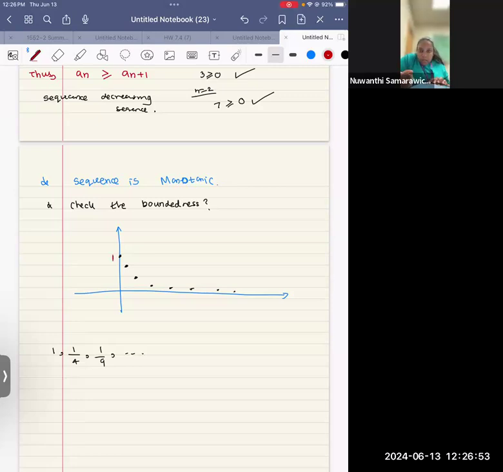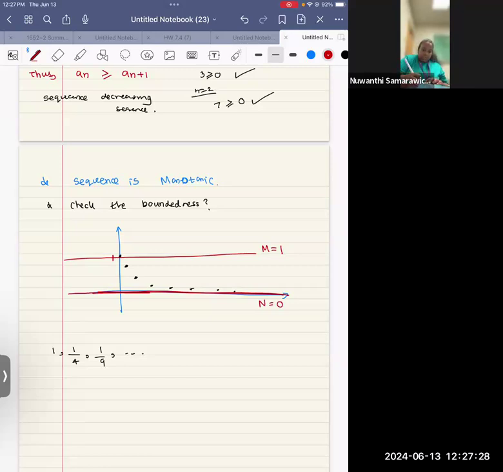You see this sequence, any term, it doesn't go beyond 1, right? So we can say m equal to 1 is the upper bound. Also this sequence doesn't go beyond 0 because we saw it's getting very small. We get very small numbers, but it doesn't go beyond 0. So we can say the lower bound is 0.